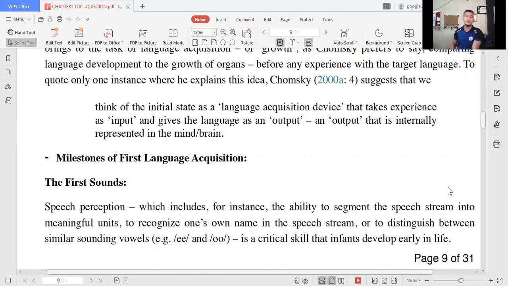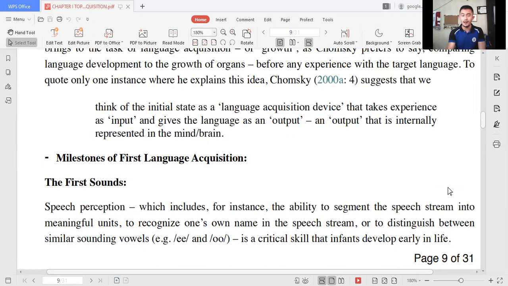Now, milestones of first language acquisition: they need to learn the first sounds. This begins with speech perception, that includes, for instance, the ability to segment the speech stream into meaningful units, to recognize one's own name in the speech stream. That is why as a child learns to speak, they first learn how to say the name of their parents, or how they call their parents.